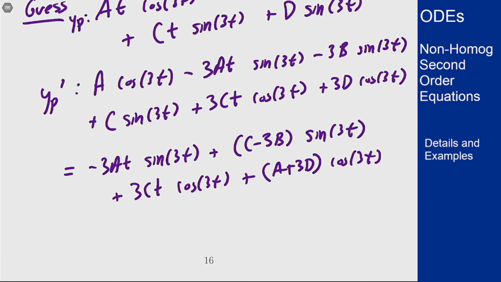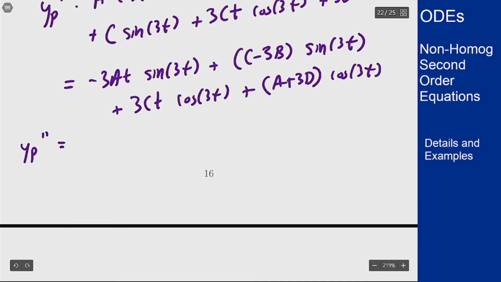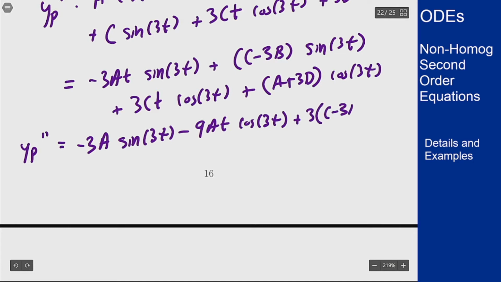I can now differentiate one more time. And the same terms come through. Minus 3a sine of 3t, minus 9at cosine of 3t, and then plus 3 times (c minus 3b) cosine of 3t.